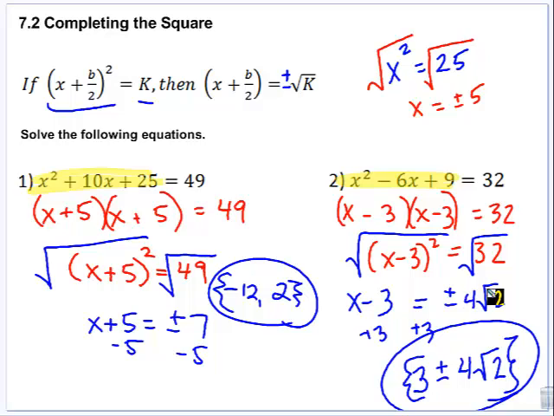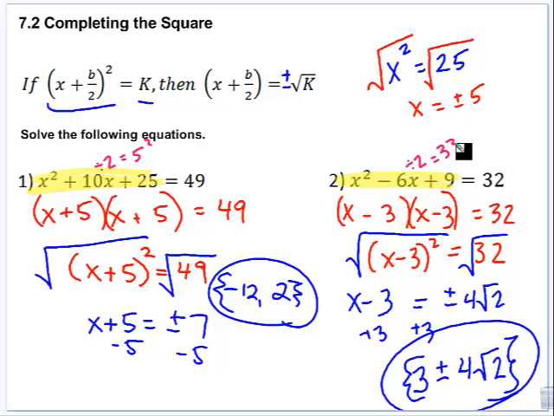And so that would make your outside and inside give you the 10x. But then from the number 5, you can get to 25 by squaring it. So if you take the value attached to the x, in this first example it's 10, and we divide it by 2, and then we square it, we should get our value at the end that leaves us a perfect square.